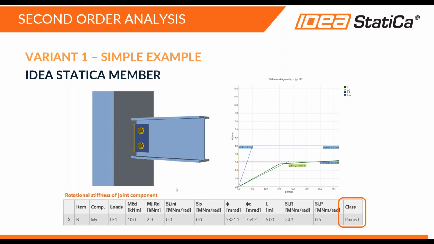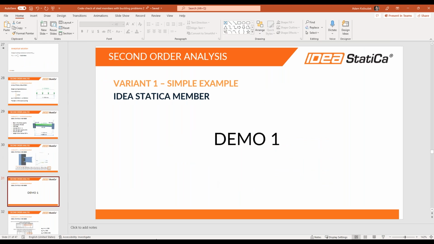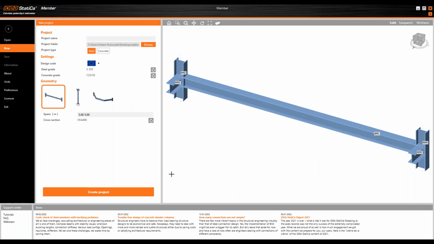In the IDEA StatiCa Connection application, you can easily analyze, calculate, and classify this connection by the stiffness analysis, which I have done for this, and this is for you to see that this is really a pinned connection. So let's jump into the Member app.